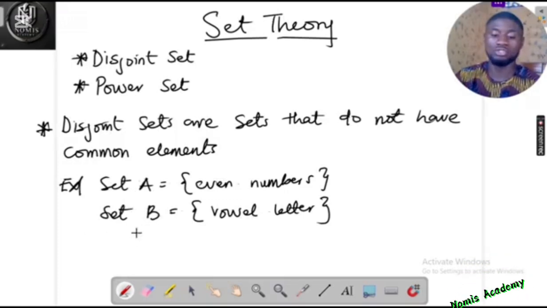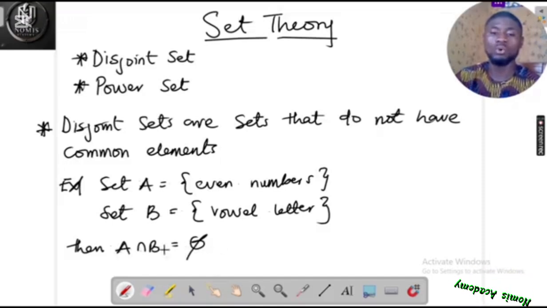They are disjoint sets. So if they are disjoint sets, that is to tell that A intersect B is equal to null. Null, like there is no common element. Null. It is not zero. When you put 0 here, you tell that 0 is a common element, but it's just null, or we call it a void set or null set.